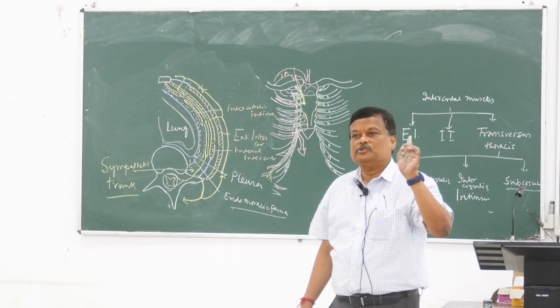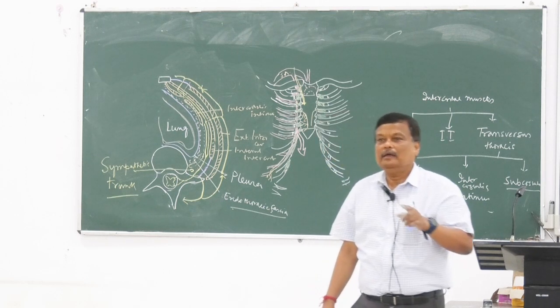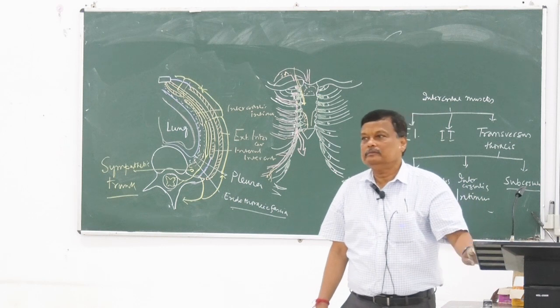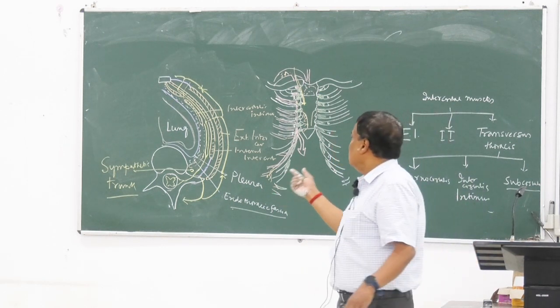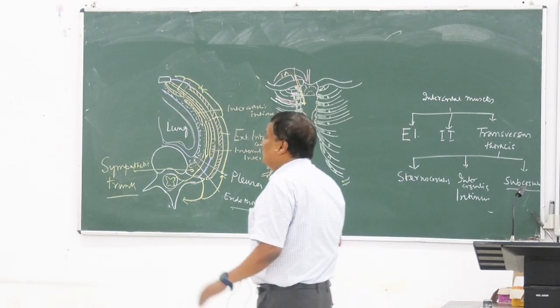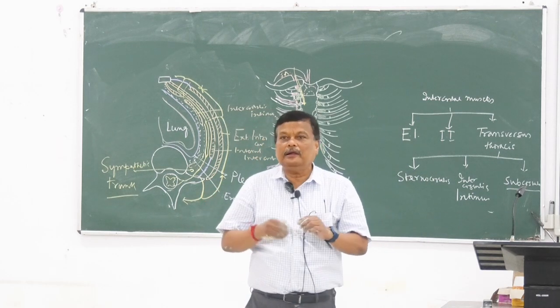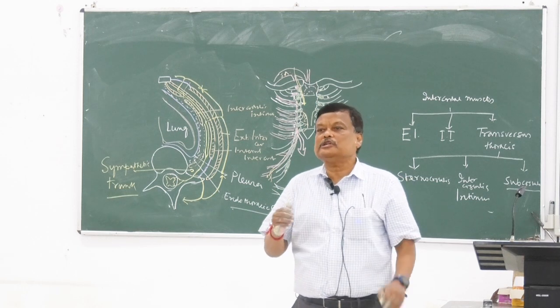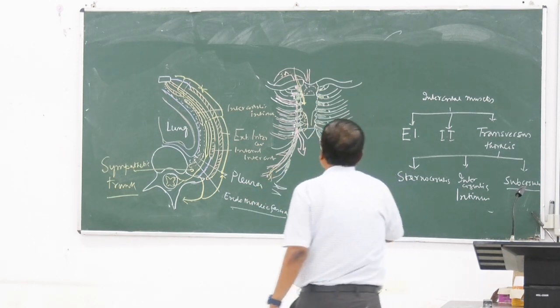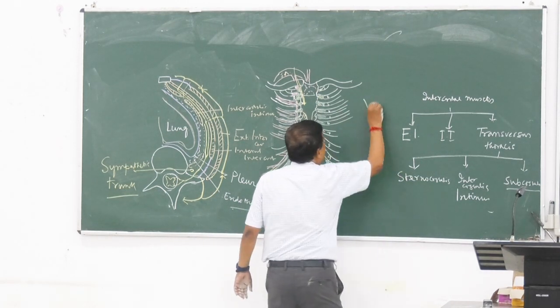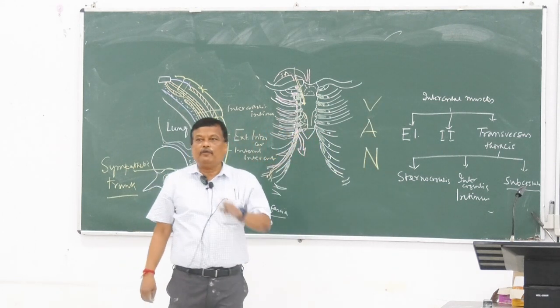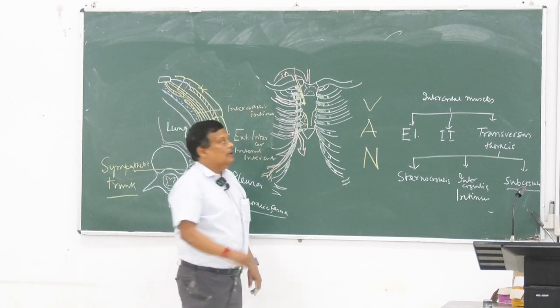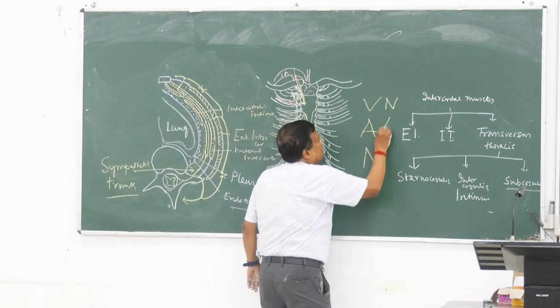Number 3, another important point: the relation in the typical intercostal space is VAN. But in the first intercostal space, the relation is NAV.